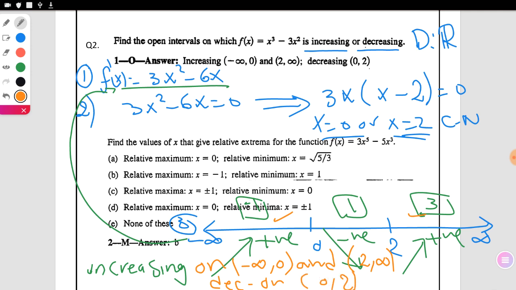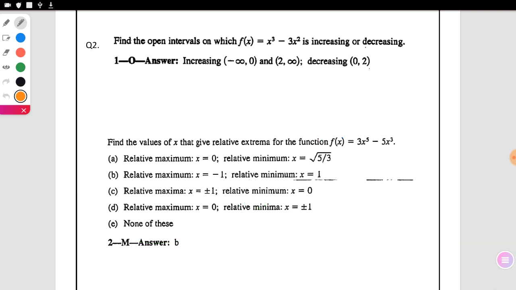Check your result with this one, just to check that it is correct. If we talk about increasing or decreasing, we use the first derivative. I hope you understand.